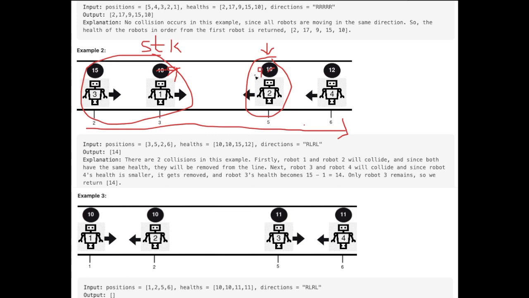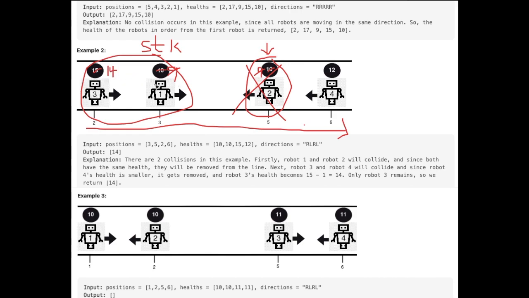So we have to keep doing this until the stack becomes empty or this current one dies. So in this case, now 9 versus 15. 15 is larger than 9. So we're going to erase this. So this thing becomes 0. Actually, the health becomes 0. And then this one will just become 14.